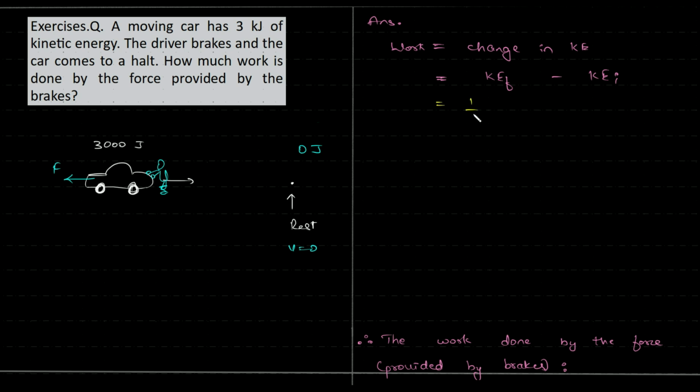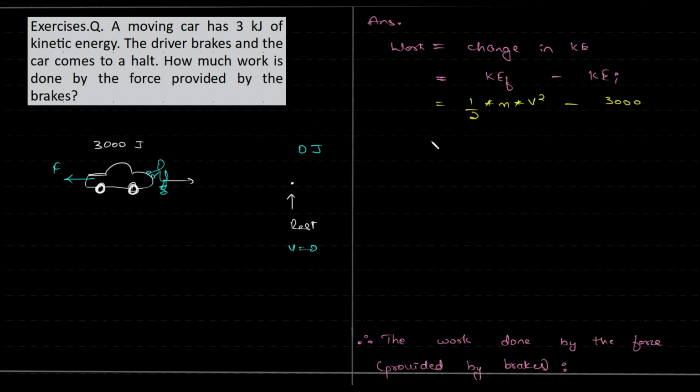Final kinetic energy is half into mass of the object into 0 square. Or let me write it as v square itself, so that you have to write the formula once. And the initial kinetic energy is 3000 joule. That is directly given.